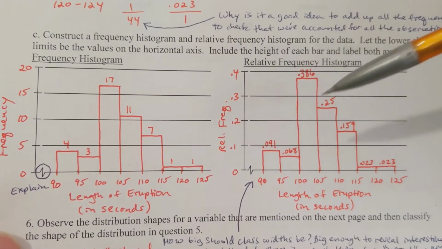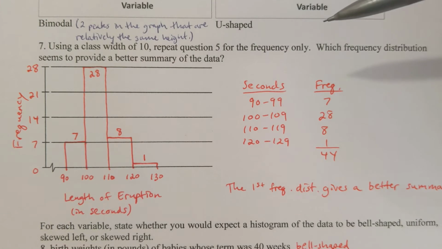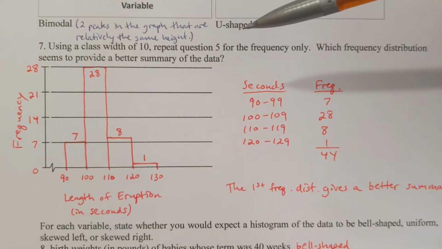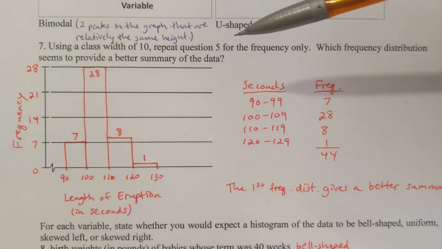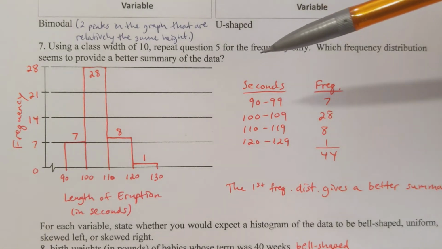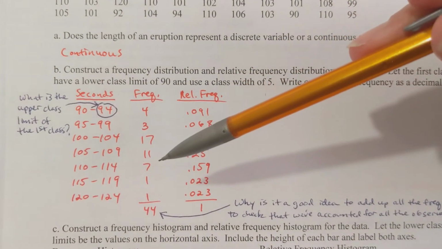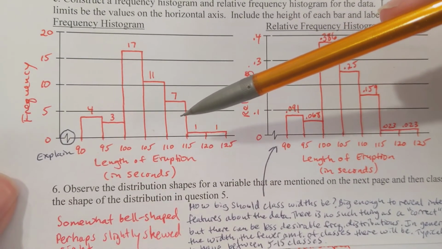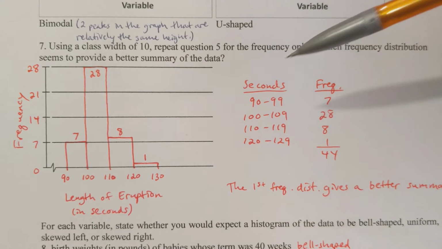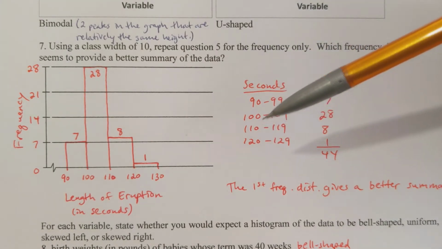So we're going to repeat that using a class width of 10. Which frequency seems to provide a better summary of the data? In question 5, I made a frequency distribution and I drew the histogram, so I'm going to do the same thing here, and then comment on the shape of the distribution.